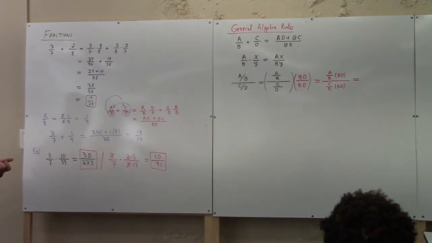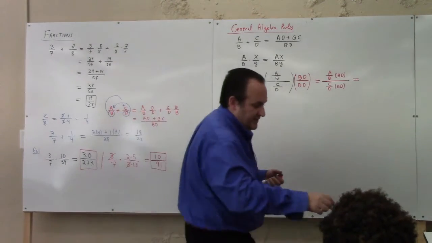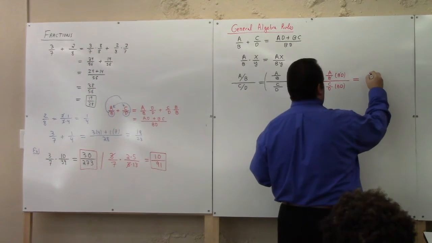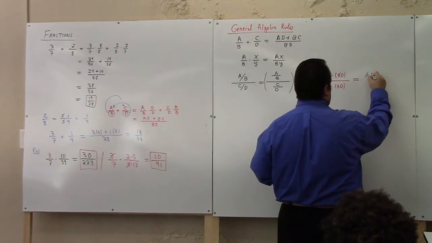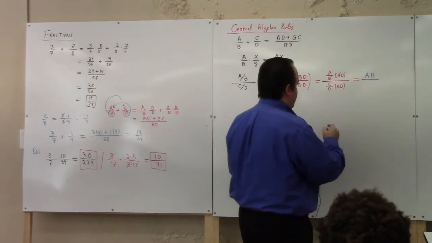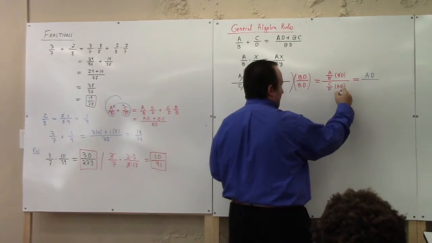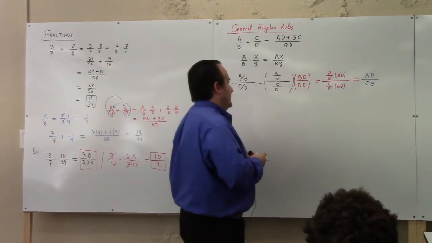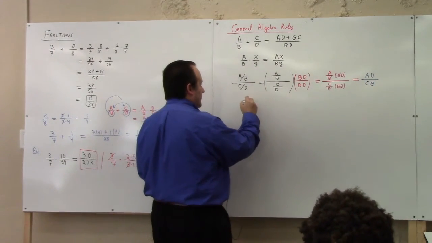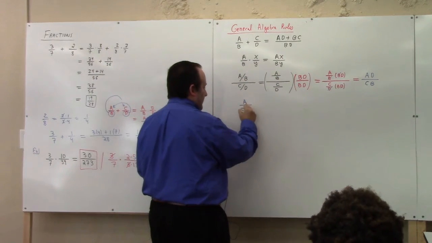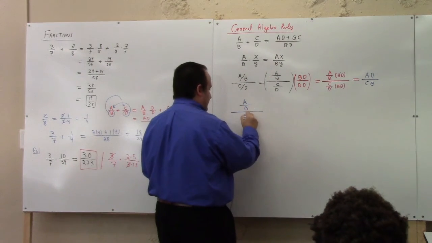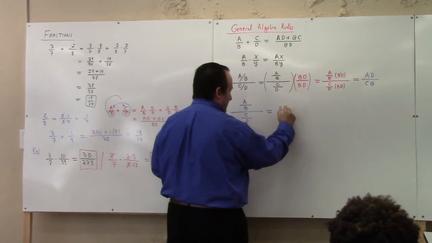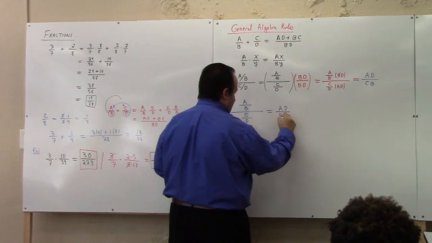B over B cancels. What do you have upstairs then? A times D, right? And downstairs, the D's cancel, right? So we've got C times B, right? So this is one of my go-to simplification rules. A over B divided by C over D is equal to A times D over B times C.